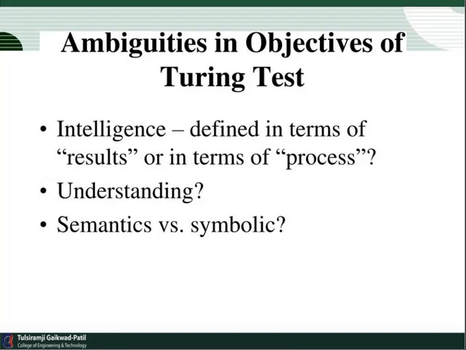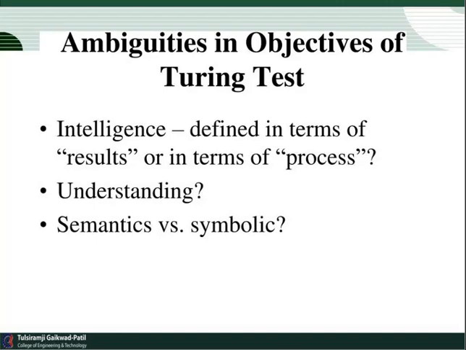So when the Turing test passes a particular machine, we cannot say that the machine is fully intelligent, because there are many domains of knowledge, or many domains of intelligence, which are yet to be tested. Such situations may lead to certain ambiguities in the objectives of the Turing test.